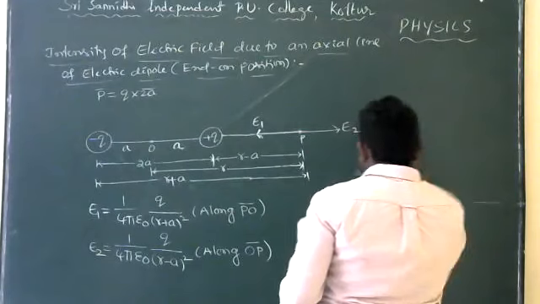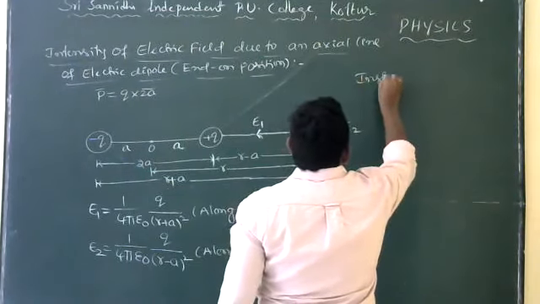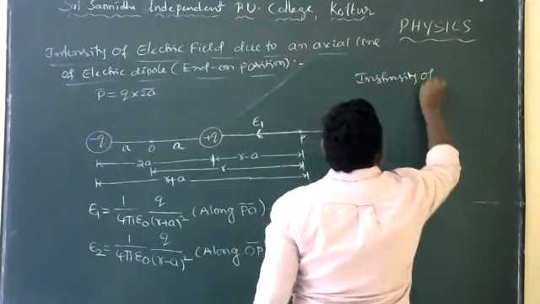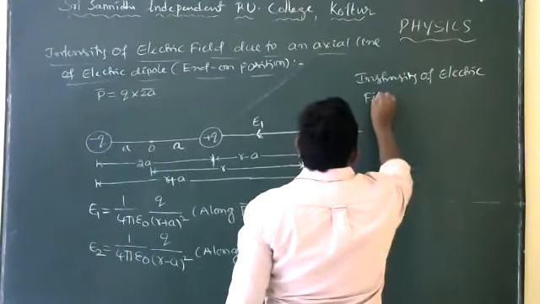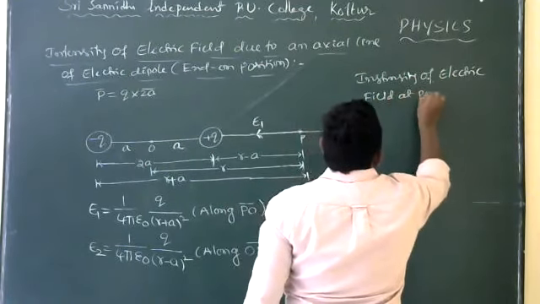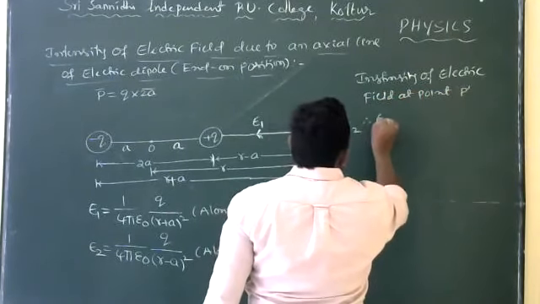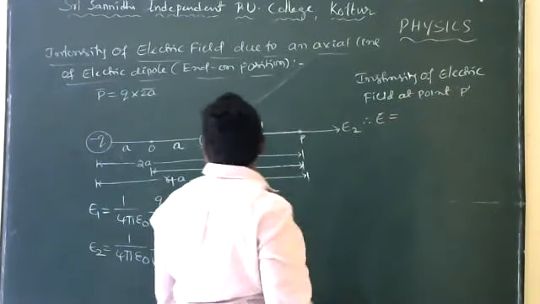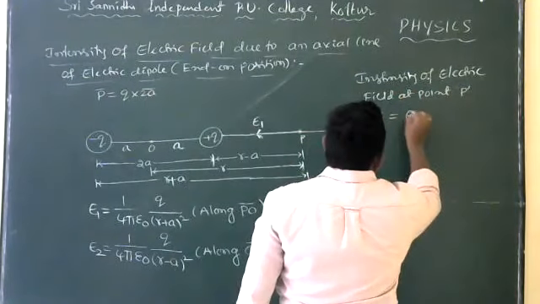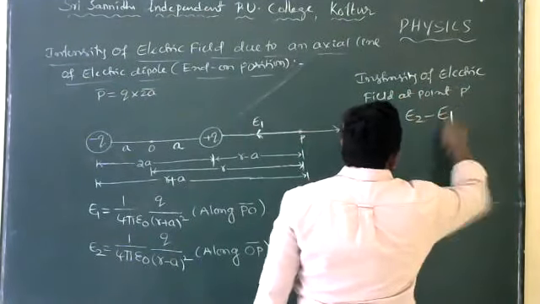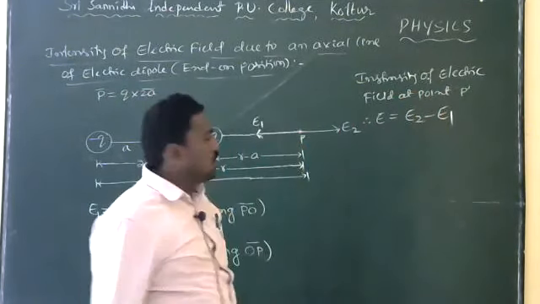So the intensity of the electric field at point P: E is equal to E2 minus E1. Why?